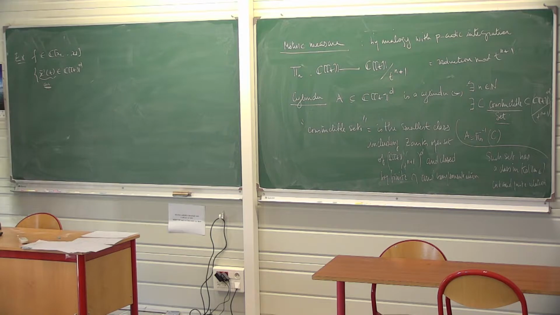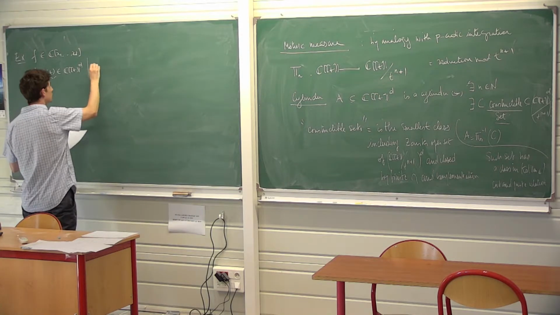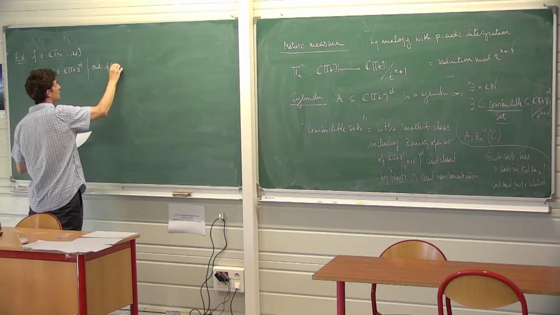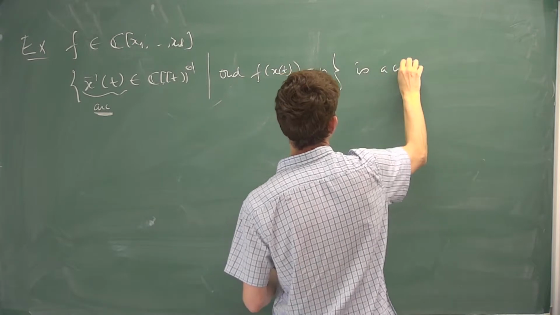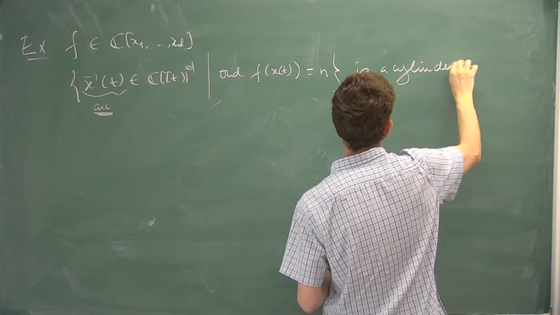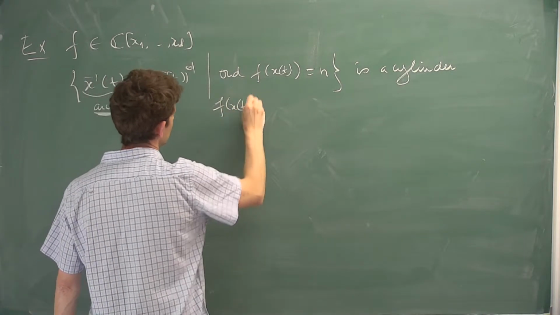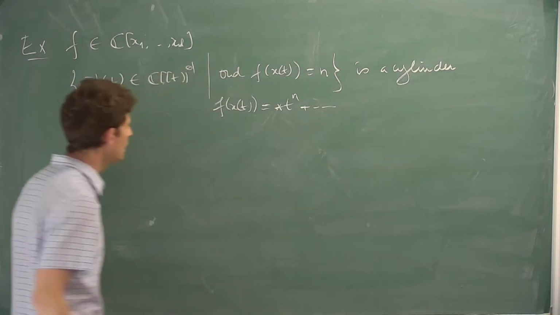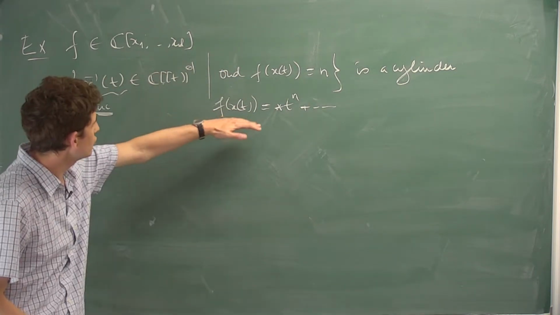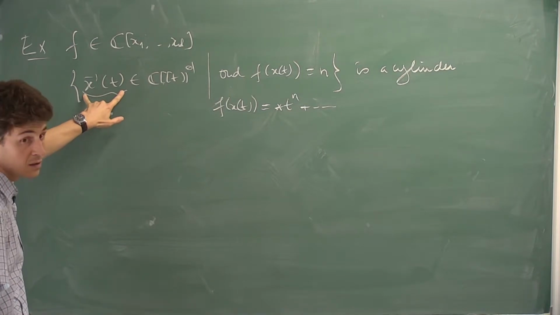So formal arcs x(t) such that the order of f(x(t)) is n is a cylinder. Okay, so f(x(t)) is something starting with T^n plus etc. And you see that to have this condition, you only need the n first digits of x(t).